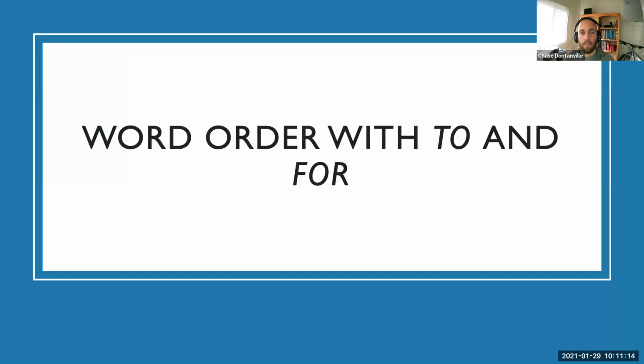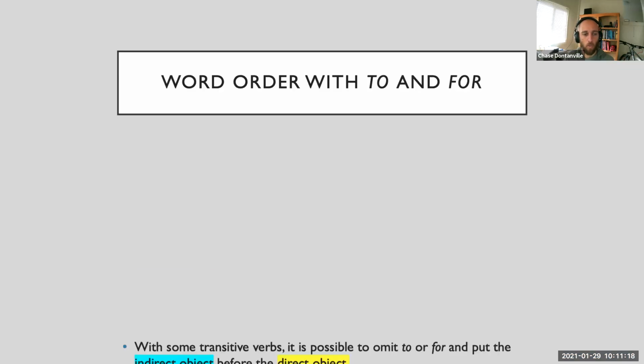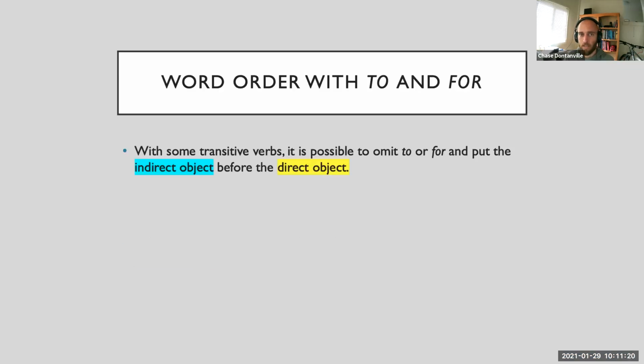Okay, let's finish with the word order with to and for. With some transitive verbs, it's possible to omit or delete to or for and put the indirect object before the direct object. So let's look at an example. We bought some batteries for Tom.